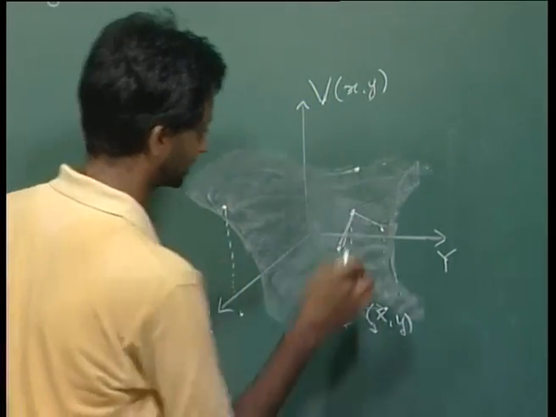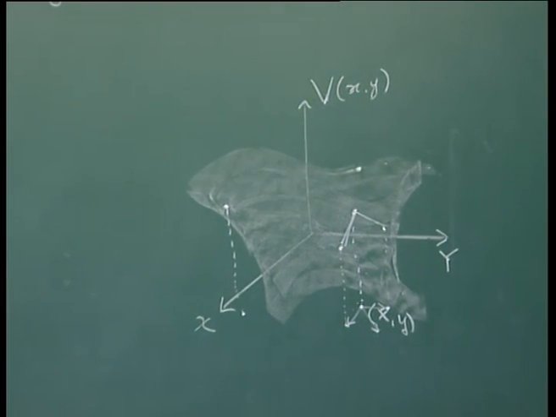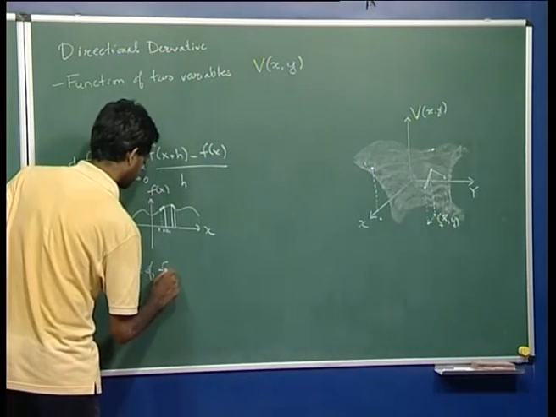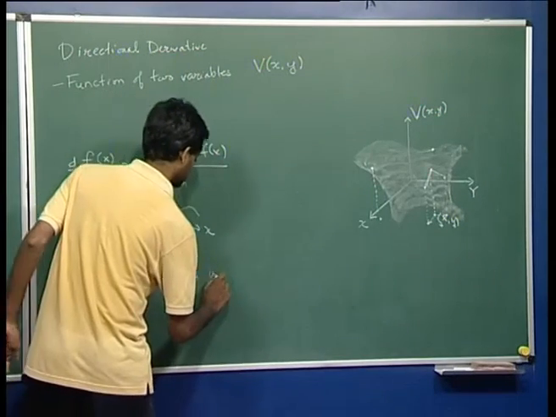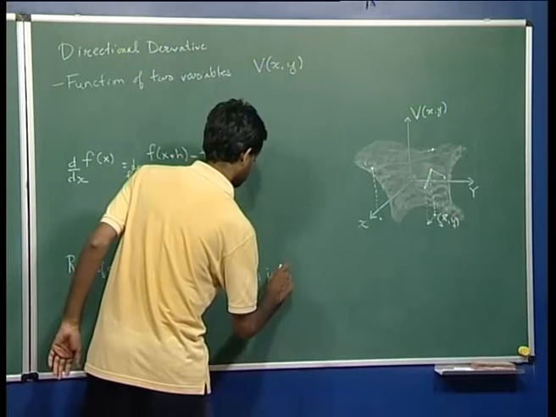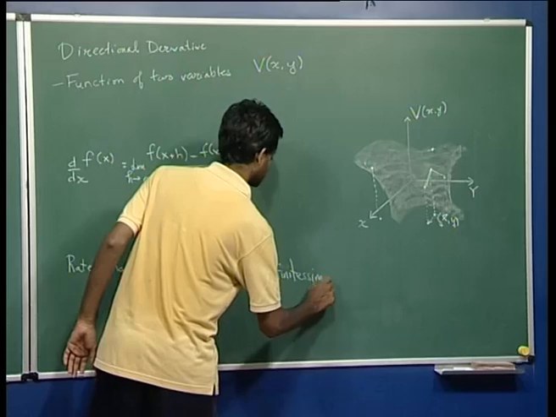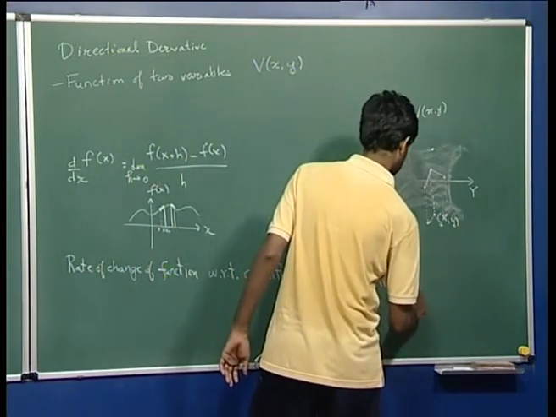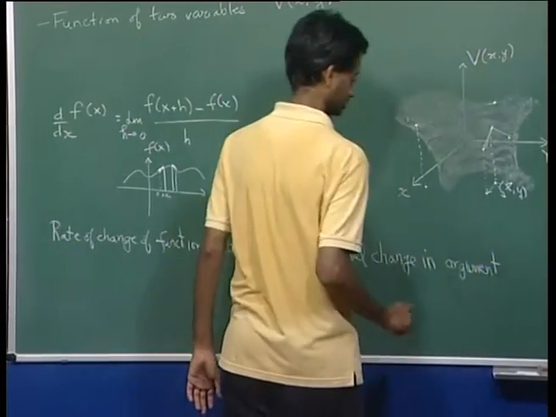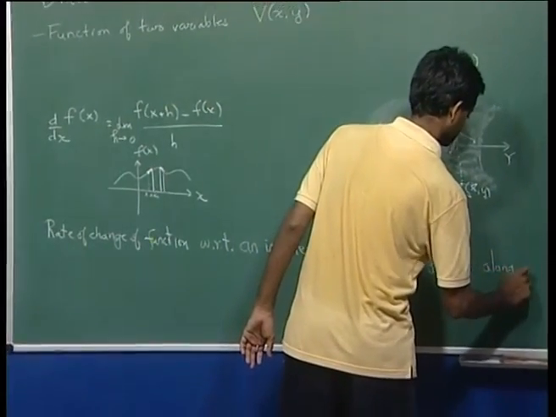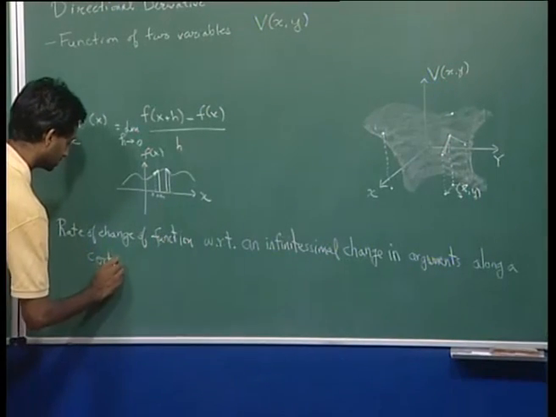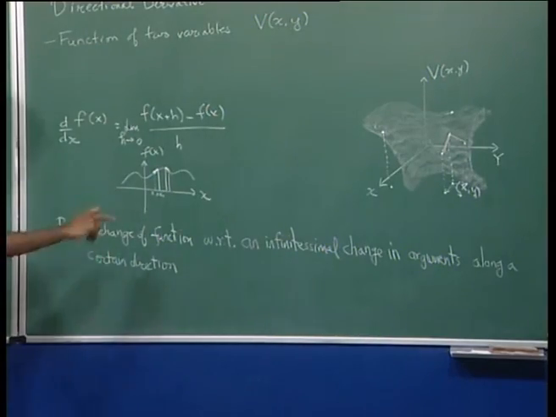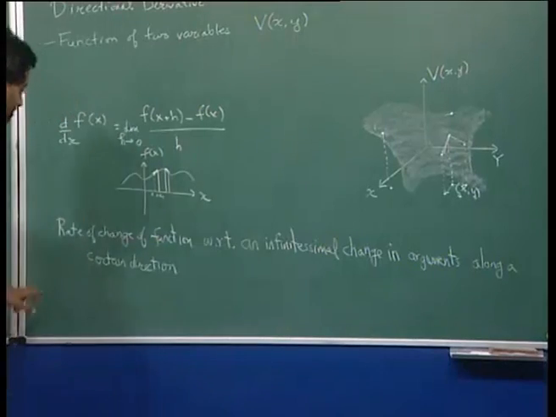So the idea of a directional derivative is that you go in some direction in this x y plane and see the rate of change of the function in that direction. So the directional derivative is the rate of change of a function with respect to an infinitesimal change in arguments along a certain direction.